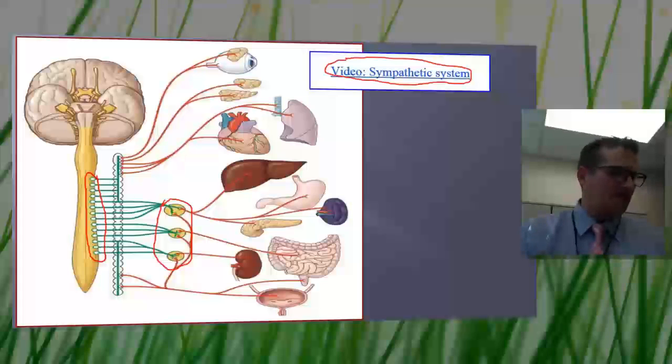The sympathetic ganglia exist in chains along both sides of the spinal cord, and they tend to be quite close to the spinal cord or the cell bodies of the sympathetic neurons. The preganglionic neurons are short. That's these here. They're relatively short, but not all preganglionic neurons synapse in the first ganglion they encounter. So some of them come in to a ganglion, and then they might dive up to another one.